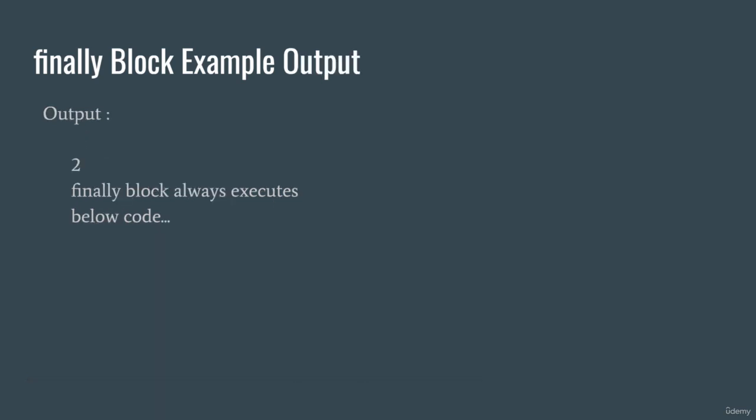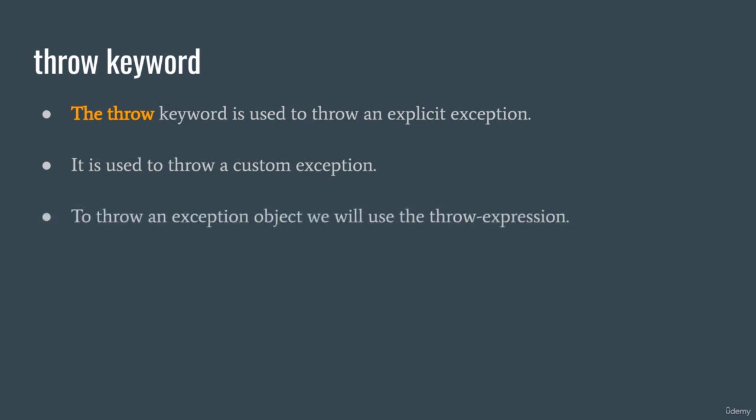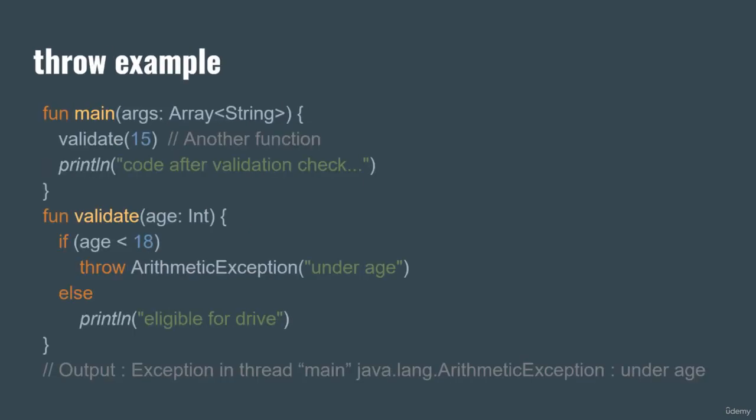Then we have this throw keyword, and the throw keyword is used to throw an explicit exception. It is used to throw a custom exception. For example, to throw an exception object, we will use throw. So the syntax of the throw keyword is throw some exception. Let's have a look at this.